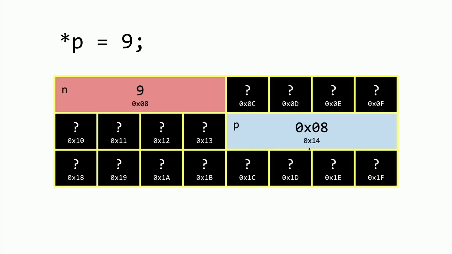So look at this address, 0x08, and go to that address. We're looking at 0x08, which is where n is stored, and then set that value to 9. So I've now changed the value of n without actually modifying n itself. Instead, we modified it using the pointer.